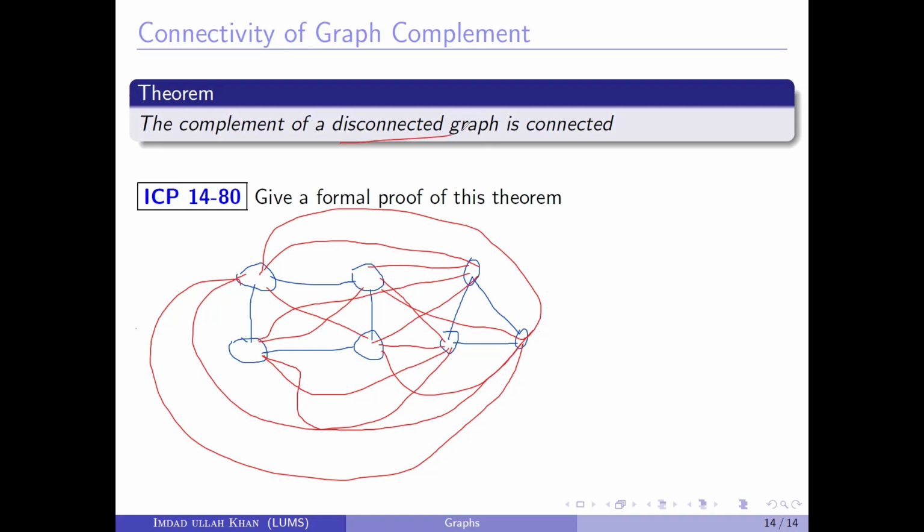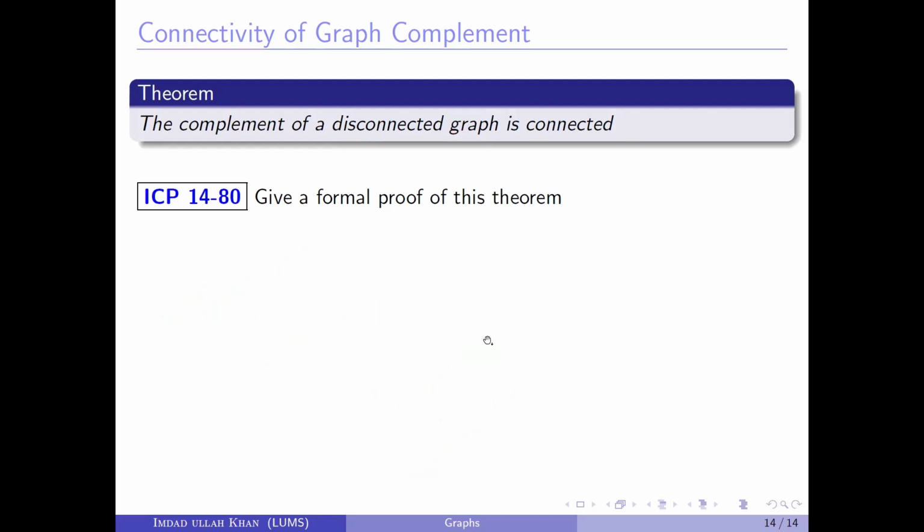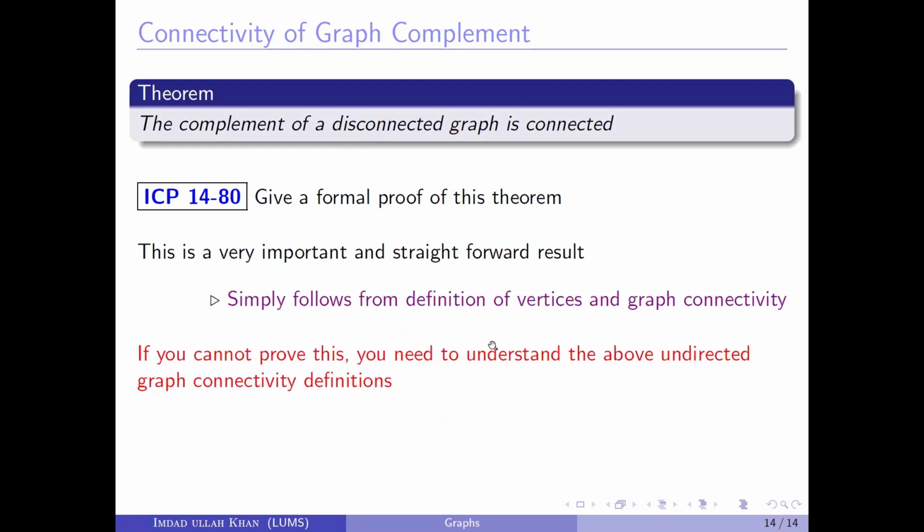If the original graph was disconnected, its complement is going to stay connected. As part of this ICP, try to write this claim in a formal way.